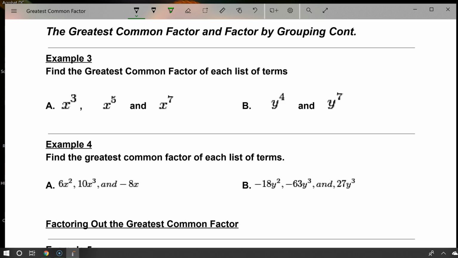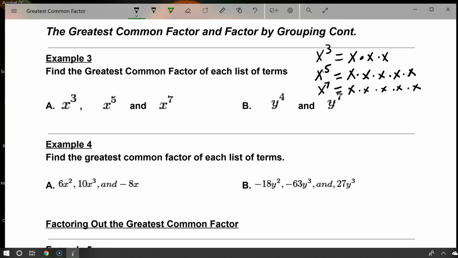The next example, we're going to find the greatest common factor amongst variables. We know that x to the third is the same thing as x times x times x. And x to the fifth is the same as x times x times x times x times x. It's 1, 2, 3, 4, 5. And x to the seventh is the same thing as x times x times x times x times x, 1, 2, 3, 4, 5, and 2 more.